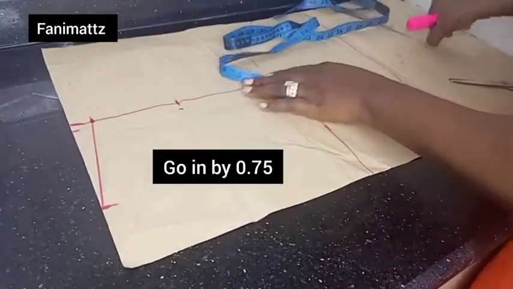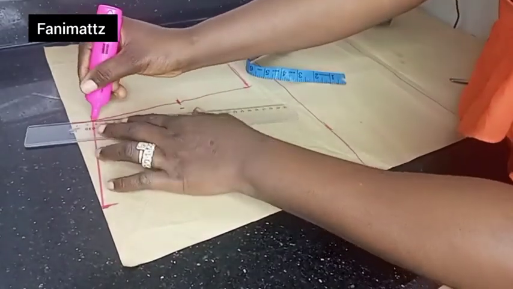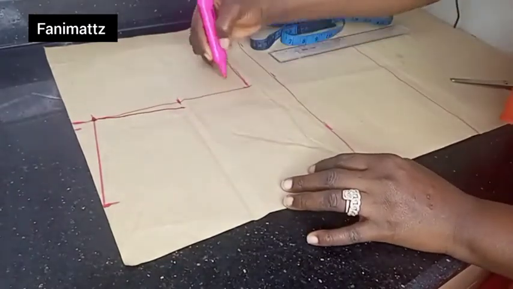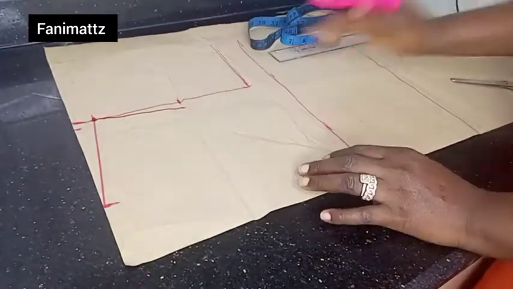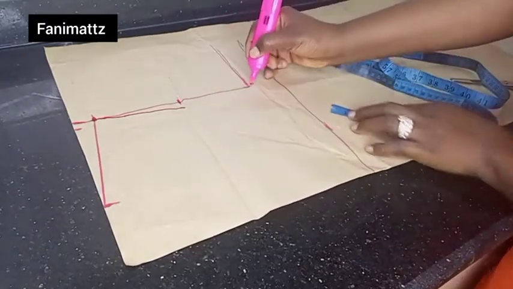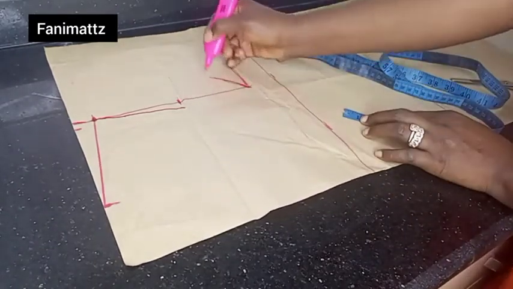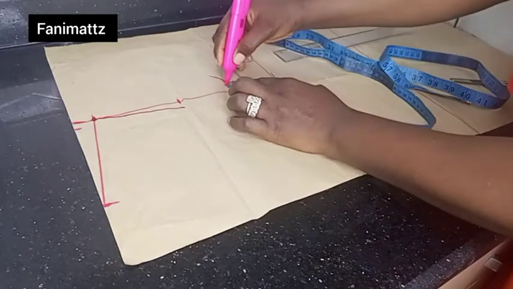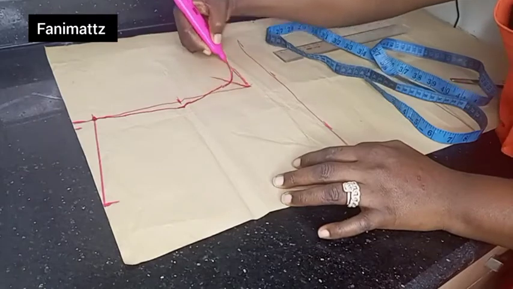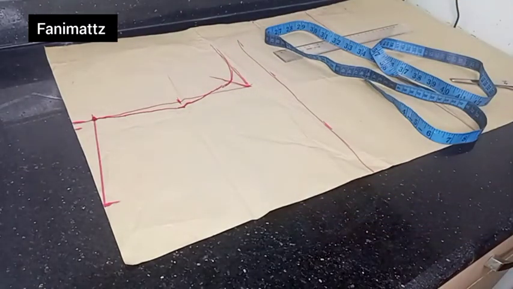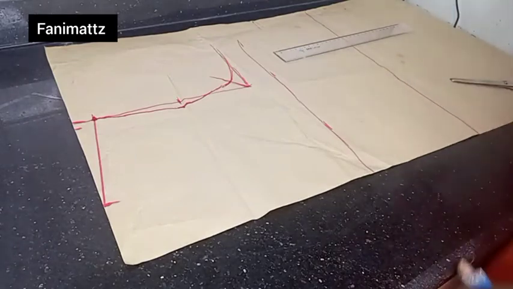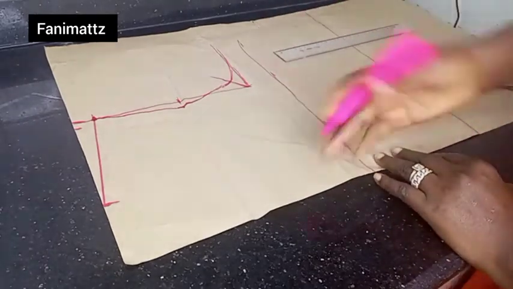Then I'll connect to meet the shoulder, and then I'll connect it back to the armhole. You might just want to take 1 inch on this part, mark 1 inch here, and then you connect. If you don't have your armhole curve, you can just do it freehand and then you are good to go.